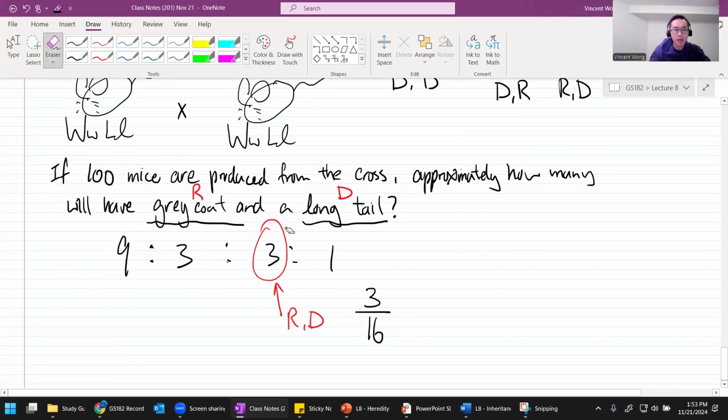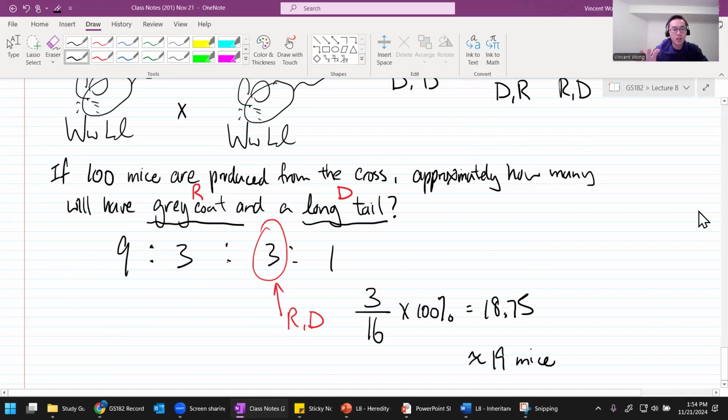Since we are producing 100 mice, it's 3 over 16 times 100, and you will get 18.75. If you round it, approximately 19 mice out of the 100 will have gray coat and long tail.